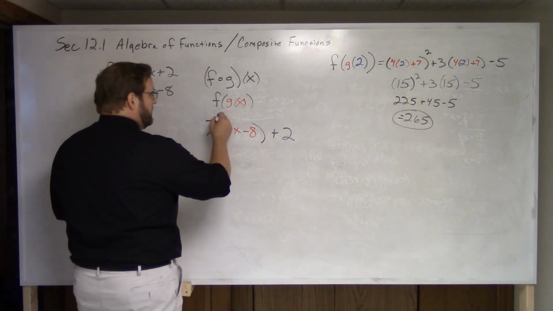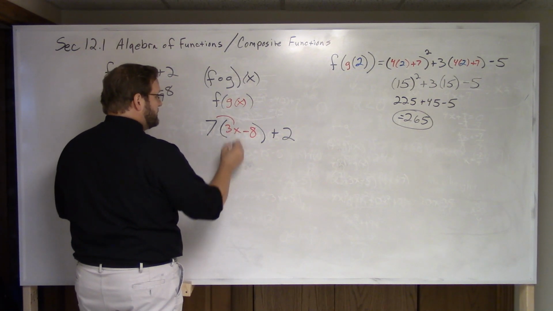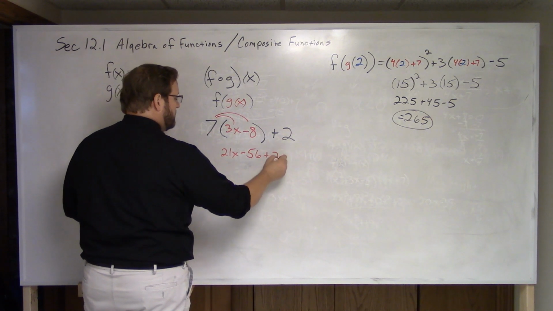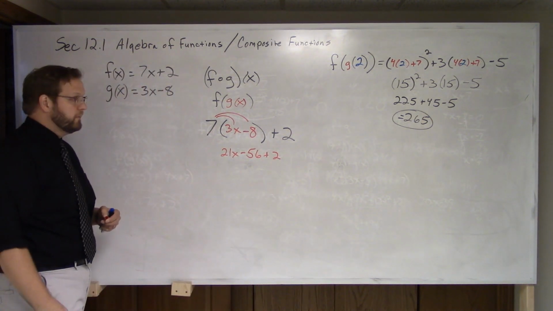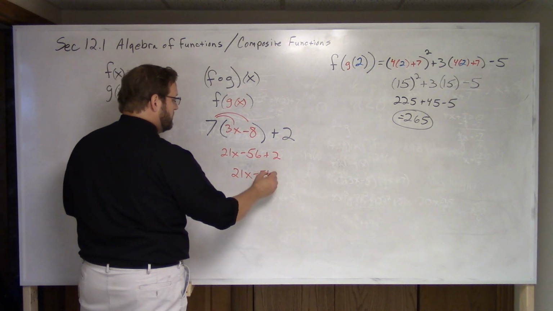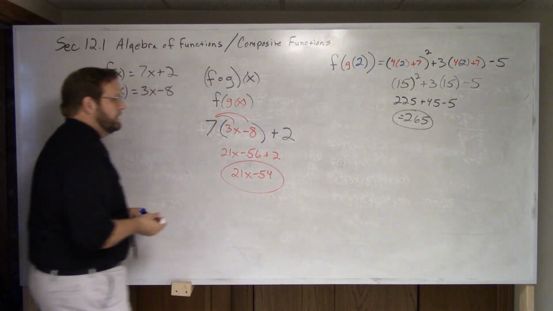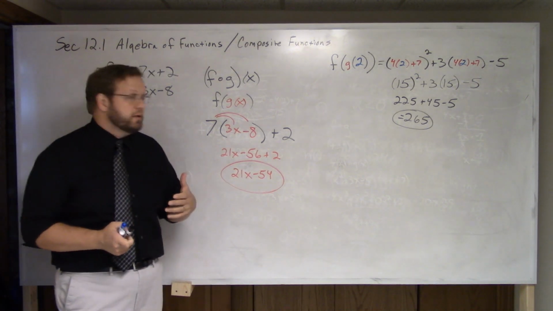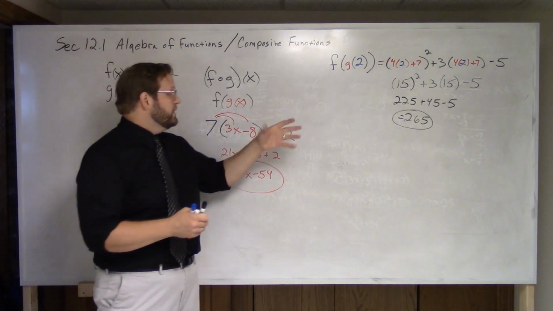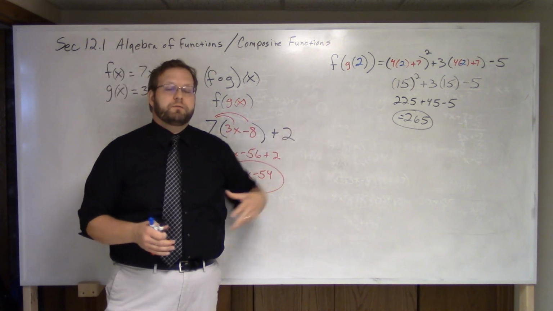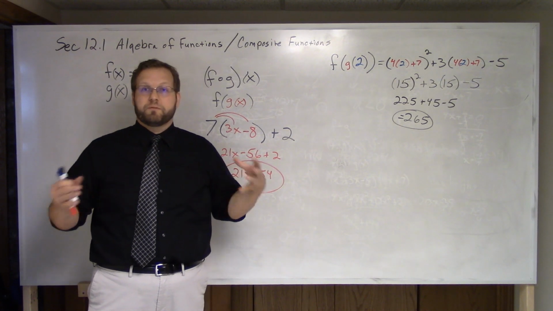So I get 21x minus 56 plus 2. 21x minus 54, and there's my answer. Again, there was nothing to plug in. If I wanted to do it where I take that g of 2 and plug it back in, that's fine numerically, but if you're doing this algebraically, we need to keep the frameworks.